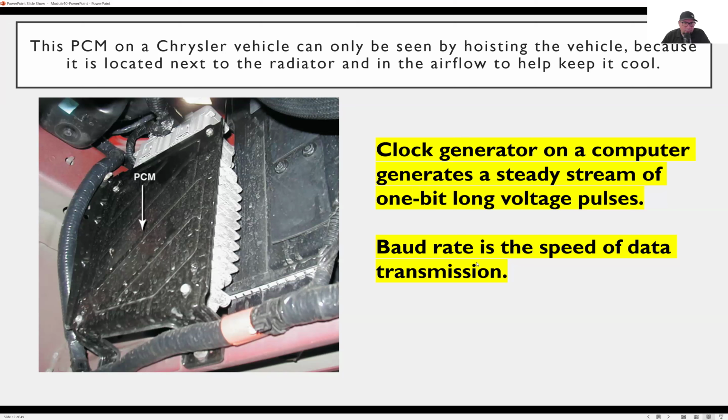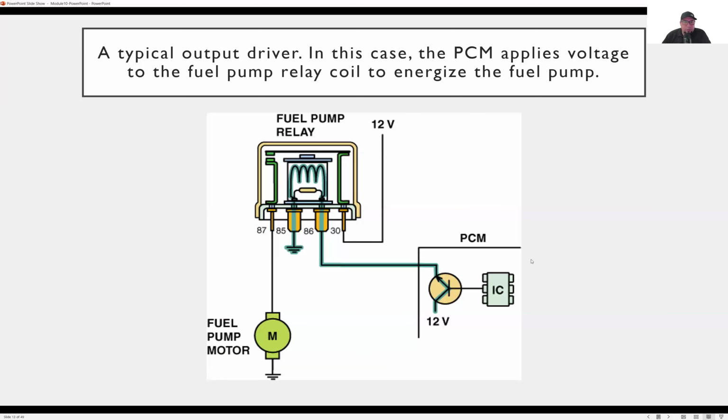I'm just giving you this information in case it's on a quiz or you see it in the book. Now here's a picture of a fuel pump motor, a PCM, and a fuel pump relay. Take your time, pause it here, or go look at the PowerPoint without the narration, and you can identify where the motor is, where the PCM is, and how the electricity can flow.